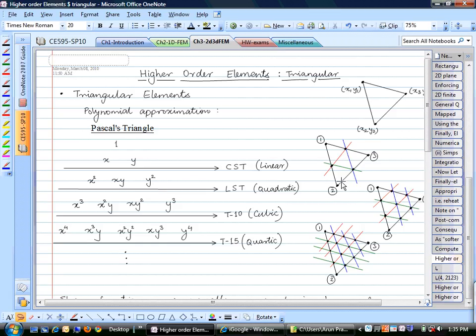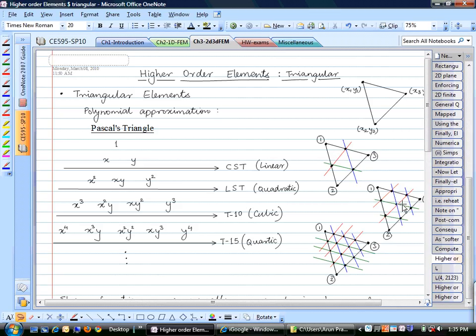So this T6 element is going to be able to approximate all the quadratic terms, and therefore its convergence order in displacement will be cubic. Since it is complete up to order 2, so p is equal to 2, therefore p plus 1 is 3. Therefore, the errors in the displacement are going to be cubic.